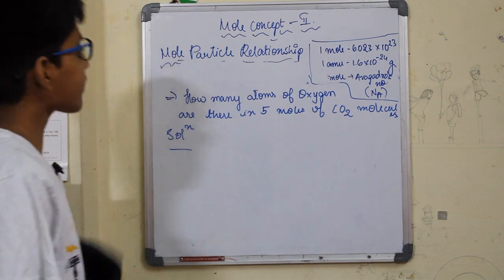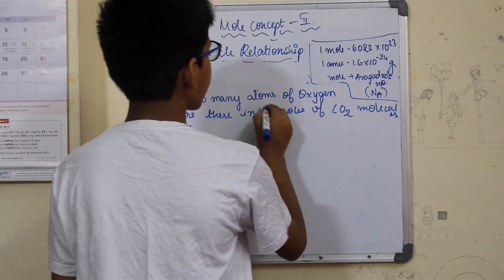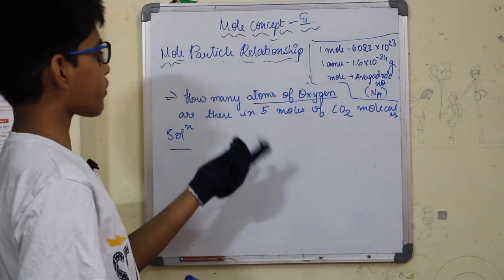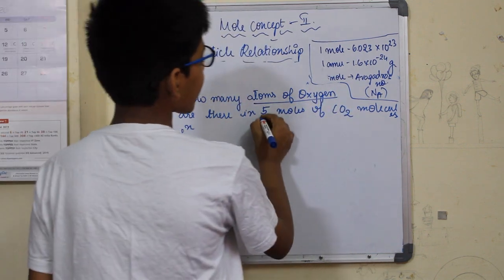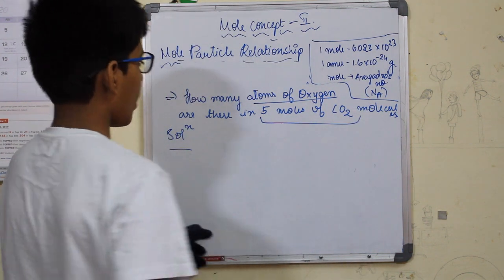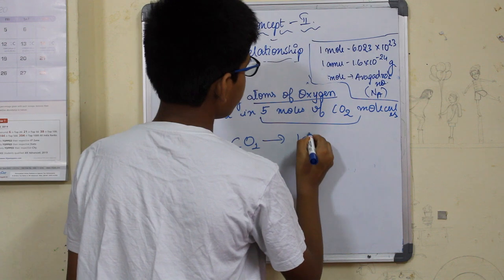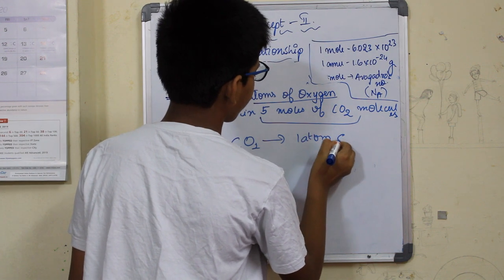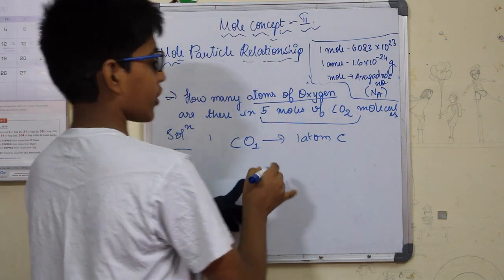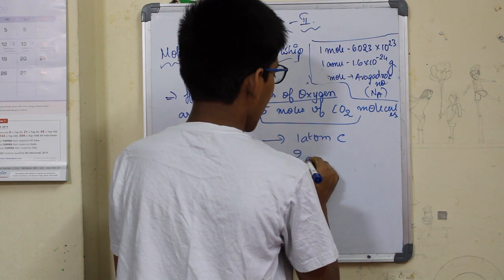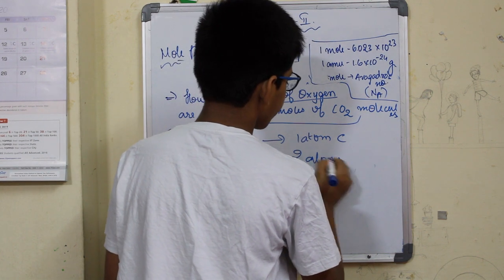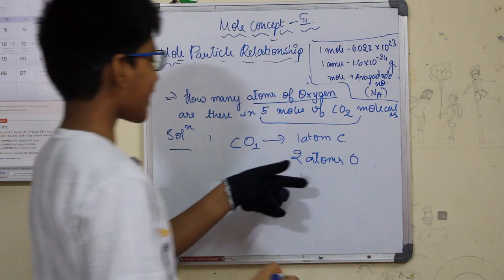The solution for this question will be: now they are asking the number of atoms of oxygen. What do we have? 5 moles of CO2. Now 1 molecule of CO2 contains 1 atom of C and 2 atoms of O. Very simple.